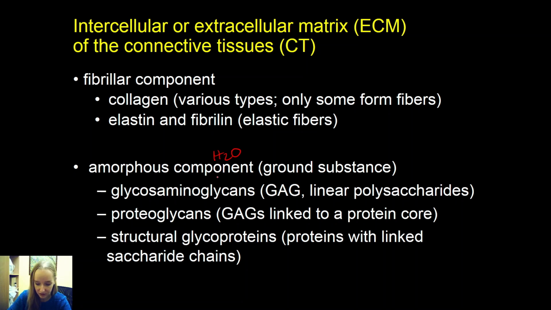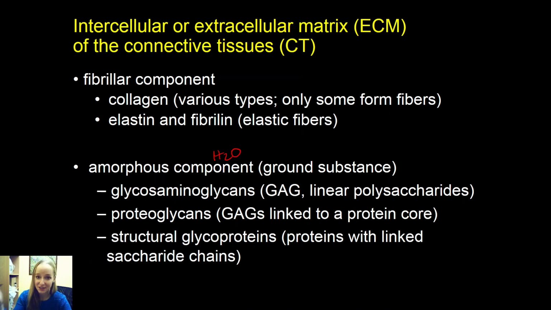We also have macromolecules in the amorphous component, and these macromolecules are glycosaminoglycans, proteoglycans and structural glycoproteins. So these are the macromolecules which are forming the amorphous component. But don't forget water and ions and other smaller molecules that are also in there.